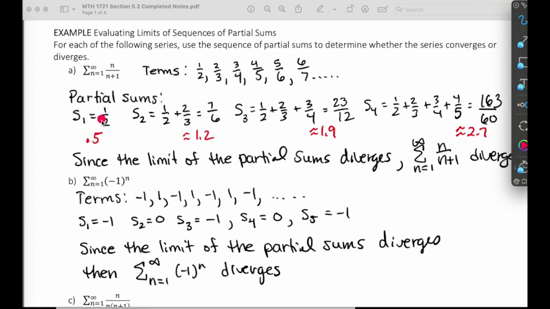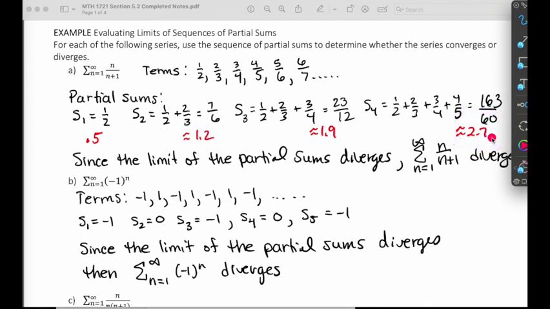Now, if I start looking at the pattern of the partial sums, this is why the partial sums are important. If the limit of the partial sums converges, then the series converges. If the limit of the partial sums doesn't converge, then the series diverges. If you notice here, S_1 gives me 0.5, S_2 gives me 1.2, S_3 gives me 1.9, and S_4 gives me 2.7.